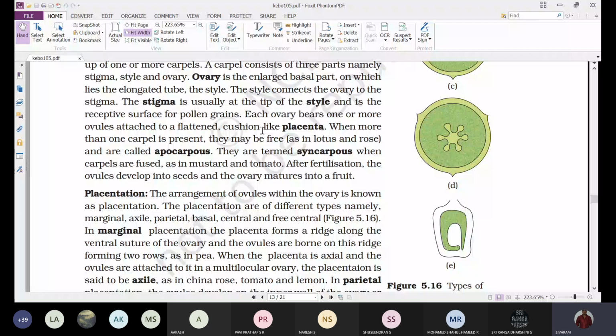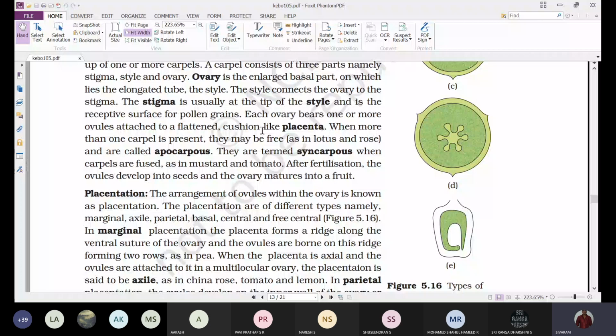Some may possess many. For example, if you cut open a tomato or a brinjal, inside we find a large number of seeds. Seeds develop from ovules; after fertilization, ovules mature to form seeds.